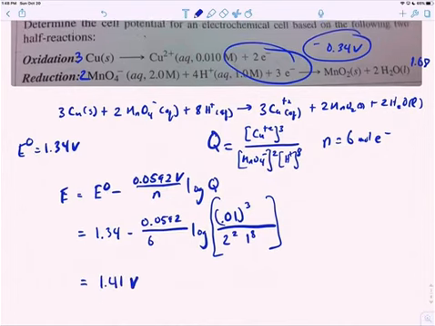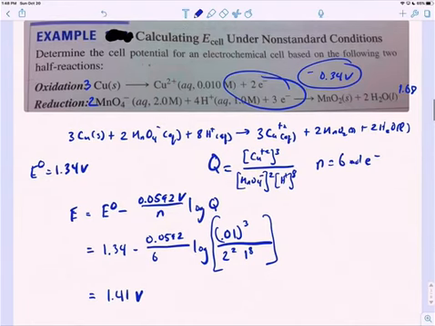And this is the non-standard condition, so that's applying the Nernst equation. So what can you infer from this? Maybe you notice the batteries, when they're new, they work pretty well, and as they're losing their charge, they start to decrease in their effectiveness. This is a supercharged battery.